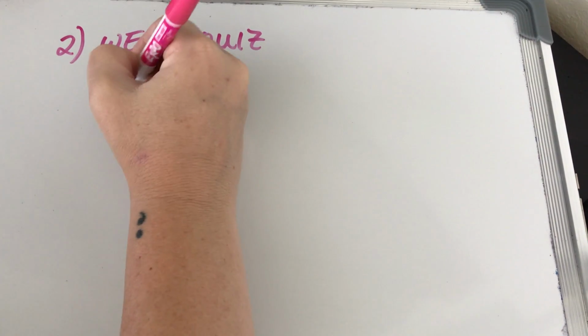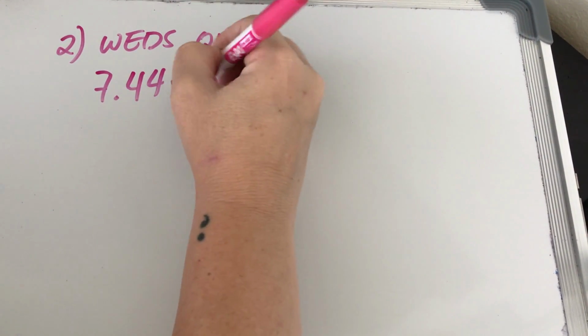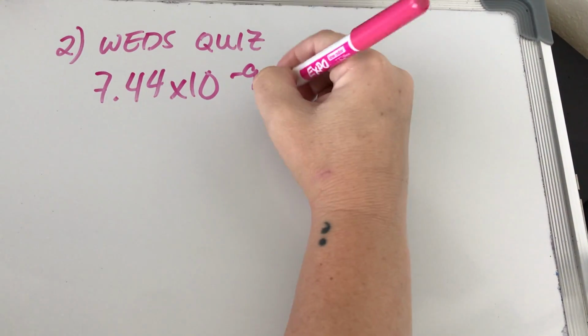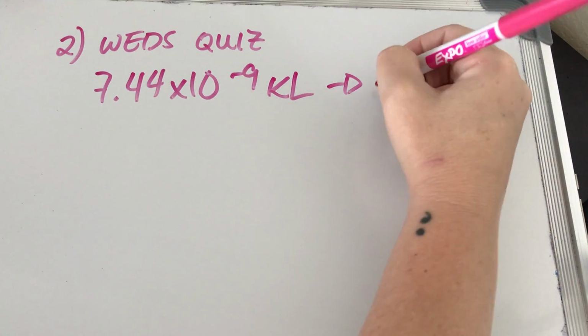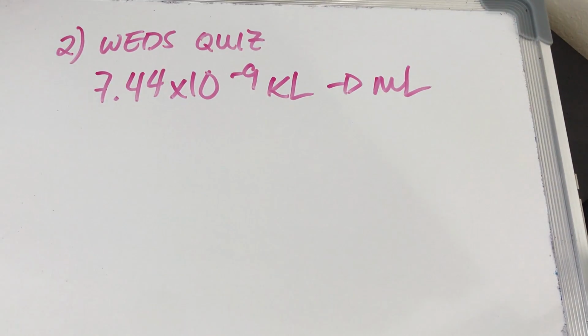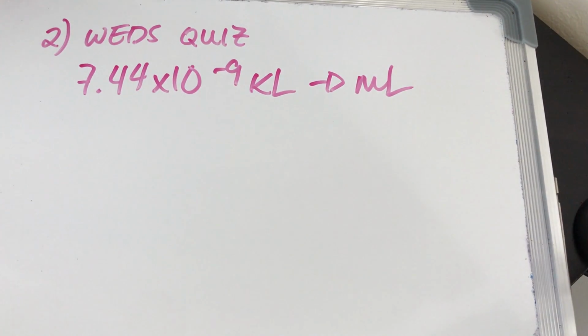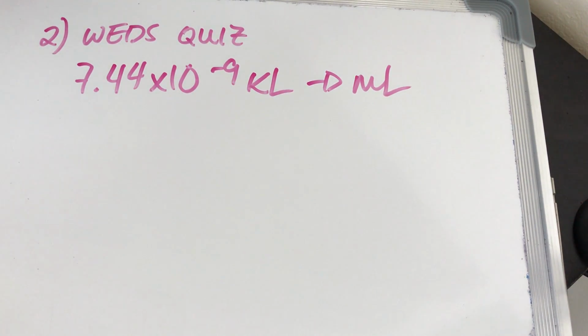So we've got 7.44 times 10 to the negative 9 kiloliters to milliliters. Yeah, absolutely, we can do that. So this was one where specifically I saw people trying to make big leaps, and where that gets dangerous, right? The thing that makes this difficult is the fact that you guys have to memorize these conversion factors, right?